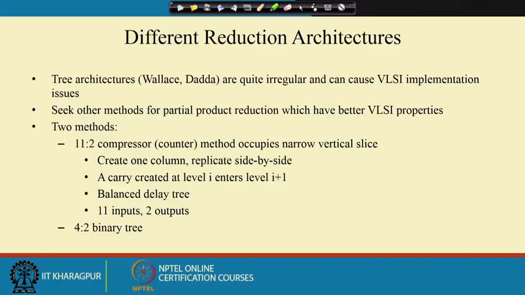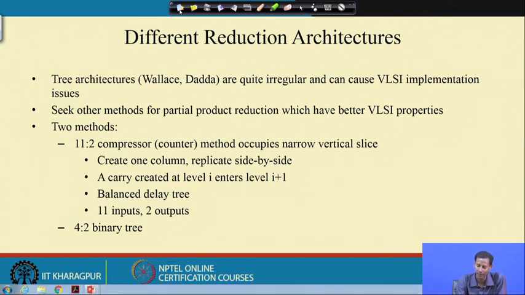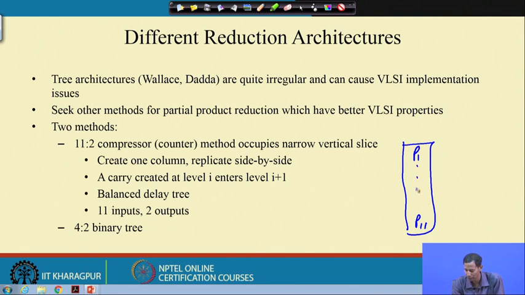Okay. In the 11:2 compressor, the method applies in the vertical direction, and it creates one column replicated side by side, and a carry created at level i enters into level i plus 1. The method is very much balanced; it consumes 11 inputs together and produces 2 outputs finally. So suppose I have partial products up to P11, the numbers I need to add for one particular position.